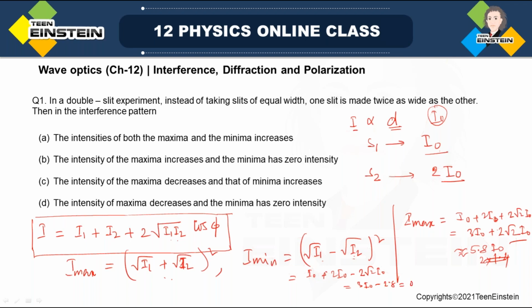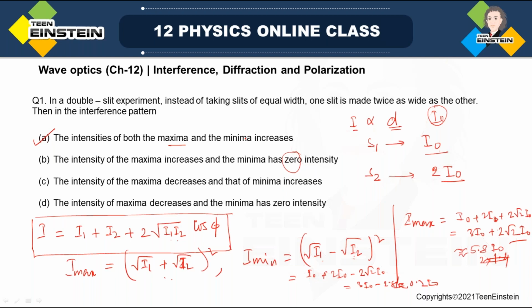Now it is nearly 0.2 I0, which is not equal to 0. See, it will not be 0. In general we know the minimum intensity is 0 for an interference pattern, but in this case it will not be 0. So both the intensity of maxima and minima increase.